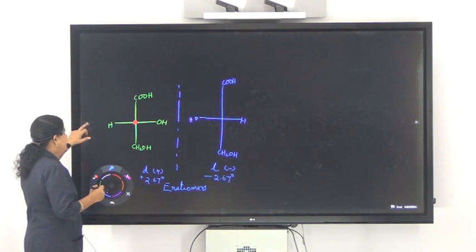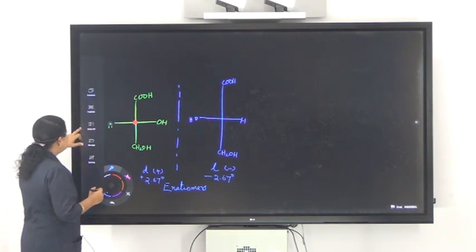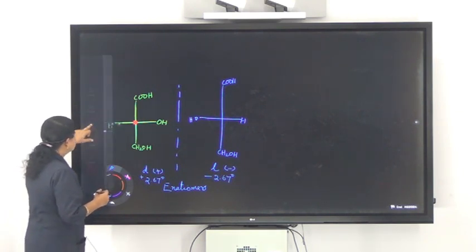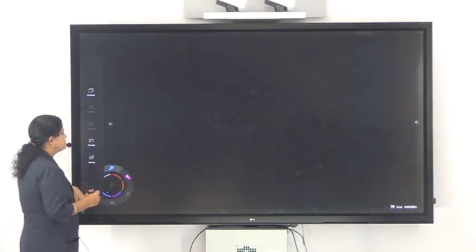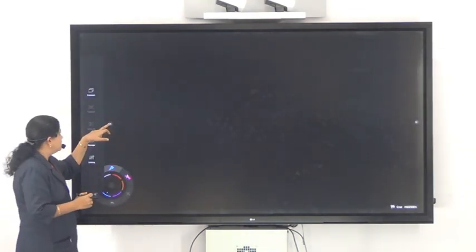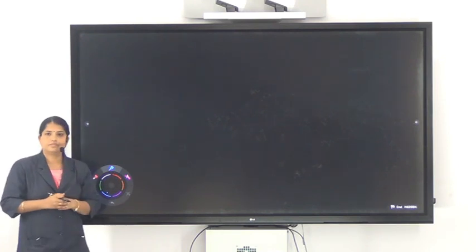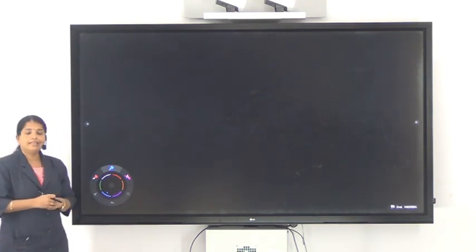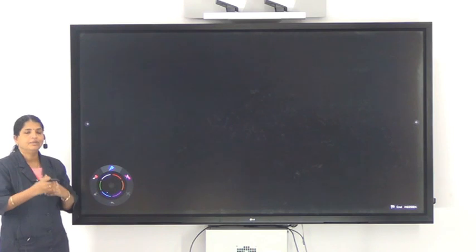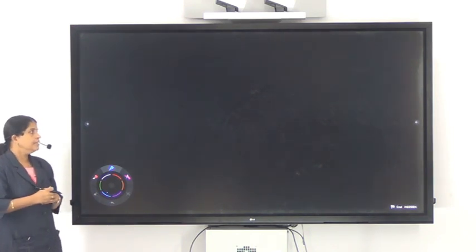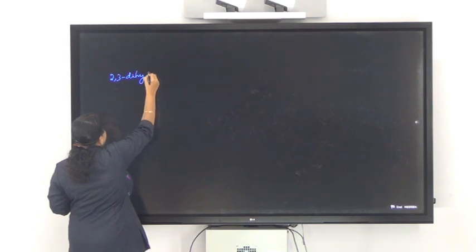Now next we can see a molecule with two different asymmetric carbon atoms, with different terminal groups. For example, take the case of 2,3-dihydroxybutanoic acid.